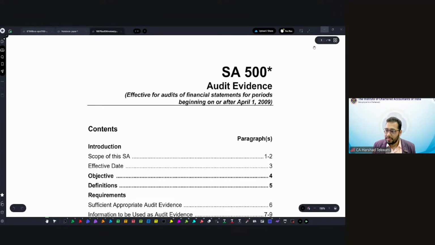There are things you need to think about, again back at the assertion level: whether the evidence that I'm getting now is at the assertion level or not. The moment we did a risk assessment at the assertion level, now we need to get the evidence also at the assertion level. A simple example: let's say purchases or expenses of services.